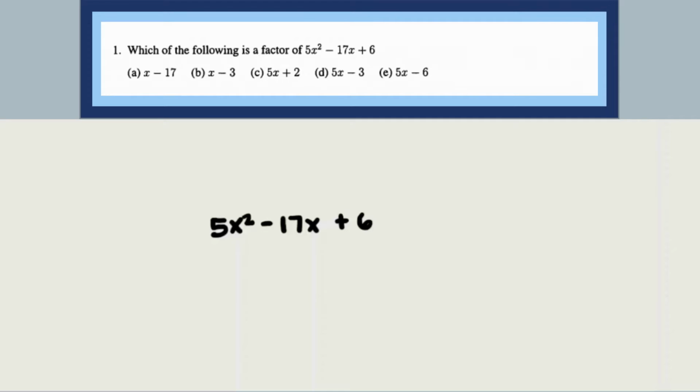So the first thing we need to do is factor this trinomial. I actually do this technique where I make an x, so I'm going to make an x real quick. Alright guys, so I made my x. First let's look at this. We have 5x squared minus 17x plus 6. If you notice, our leading coefficient, which is 5, is not 1.